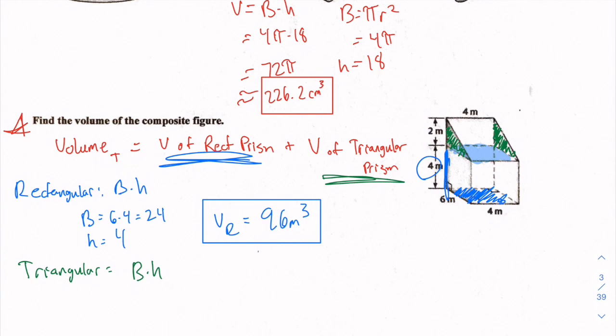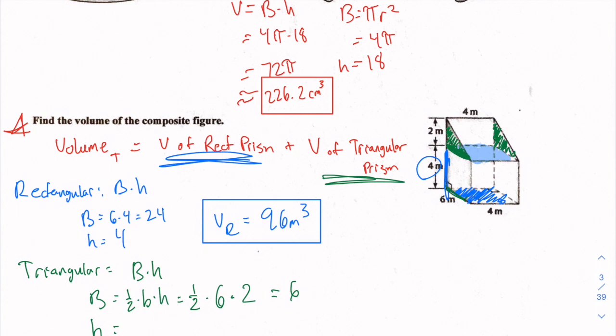So base area of a triangle is 1/2 base times height, which gets me 1/2. What's my base? Ooh, it's kind of tricky. The base here is going to be that 6, right? It's connecting to our rectangular prism. 6 times my height, which is 2.